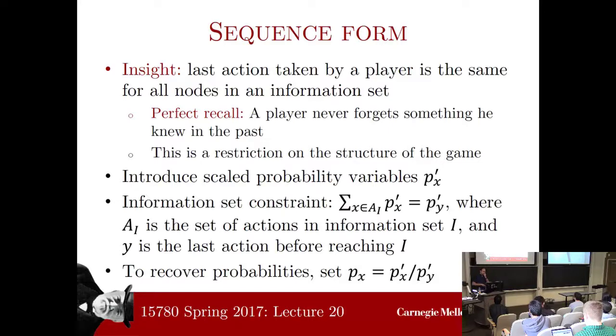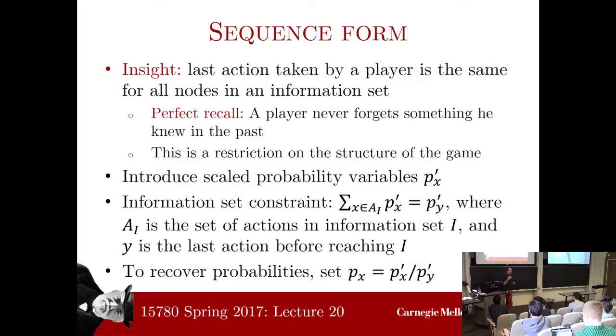So the insight, and it's actually an assumption that we're going to make, but a very, very reasonable assumption, is that the last action taken by a player is the same for all nodes in an information set. And this is called perfect recall.